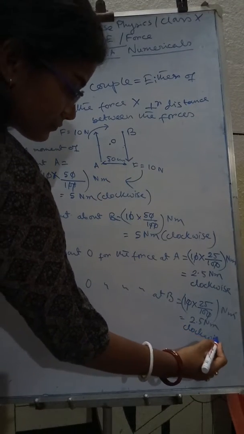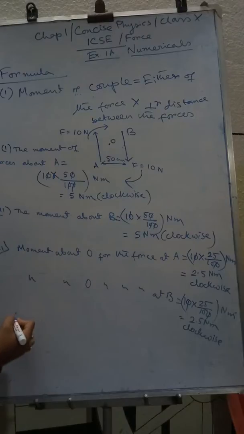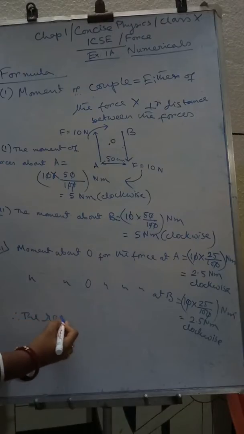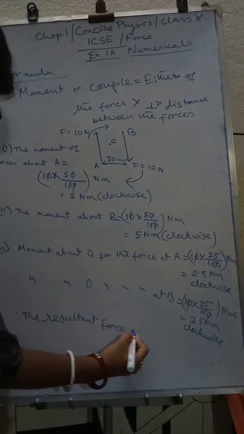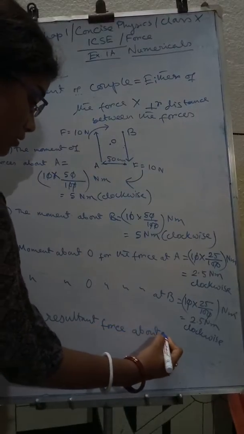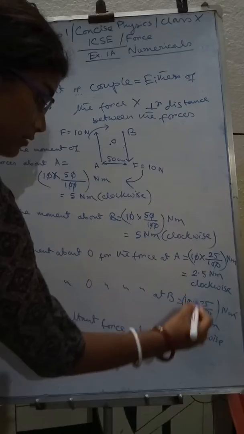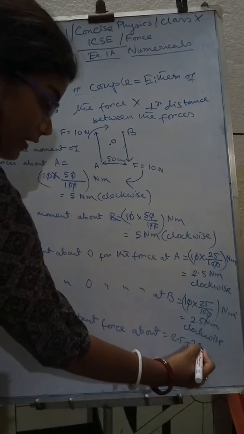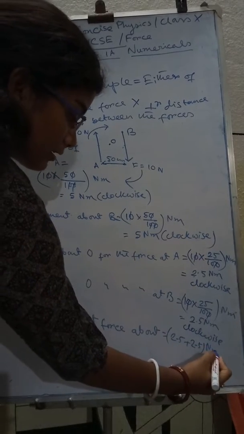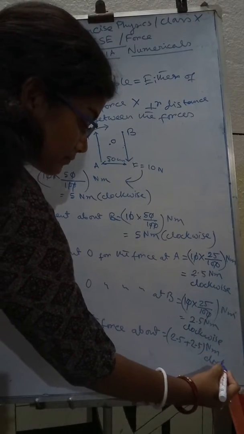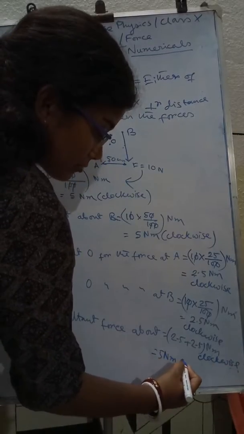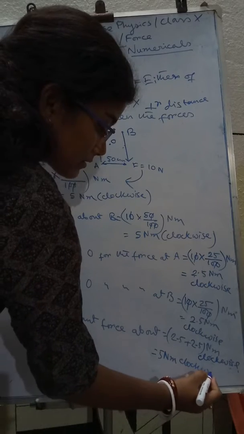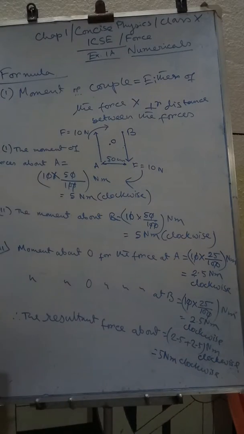So the resultant moment about O will be 2.5 plus 2.5 Newton meter clockwise. That is 5 Newton meter clockwise. This is the solution of number 6 sum.